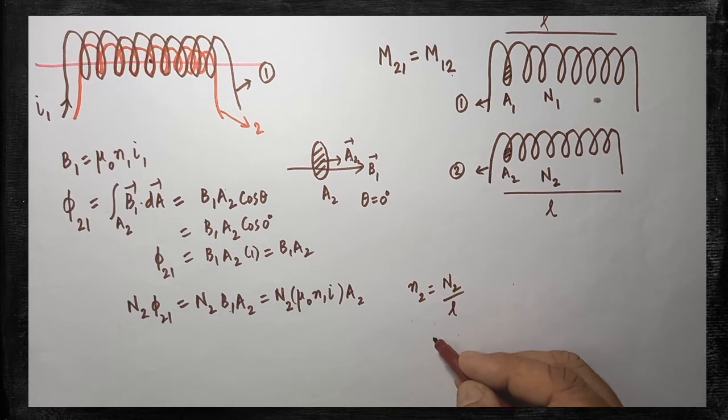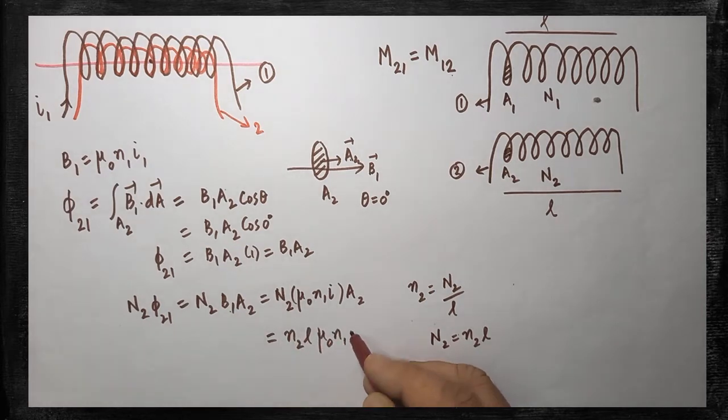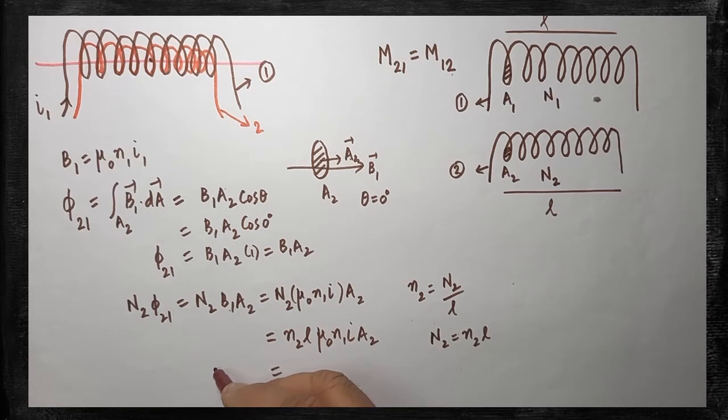Therefrom we are able to get the expression for capital N2. Capital N2 is n2 into L. So here instead of N2, substitute n2 L mu naught N1 I A2. So this is the expression for which one?